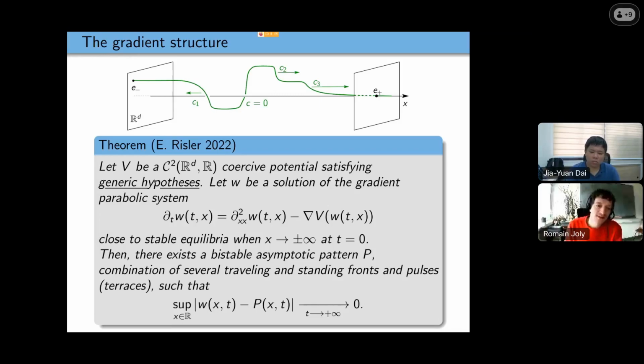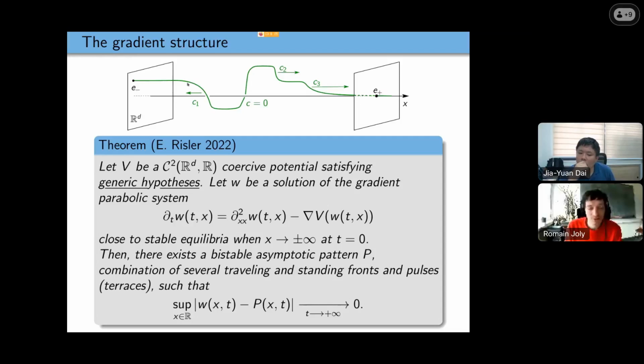And also assume that it satisfies some natural hypotheses. And in this case, what you can prove is that if you start from a solution which is close to stable equilibria, especially when x goes to plus and minus infinity, that means that you start from something which is close to some equilibrium E minus here and close to some equilibrium E plus here. And in the middle, you can do whatever you want.